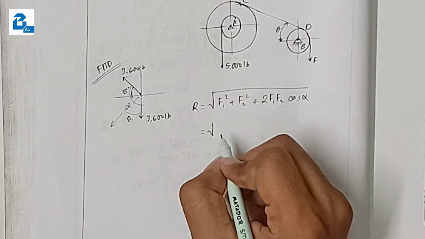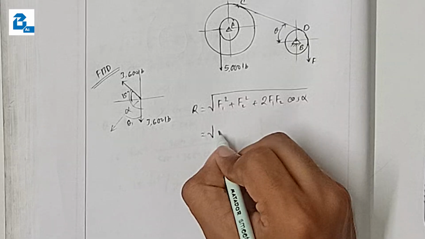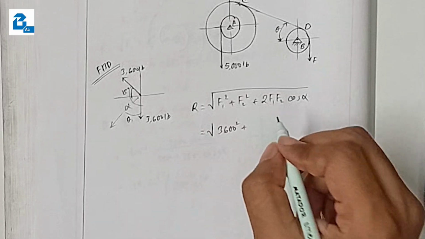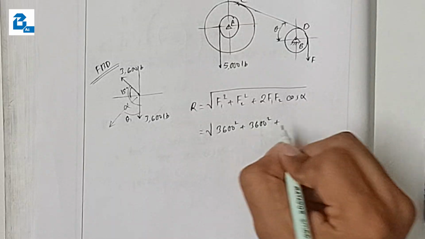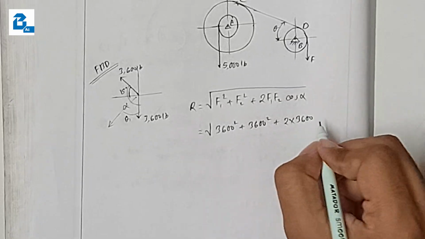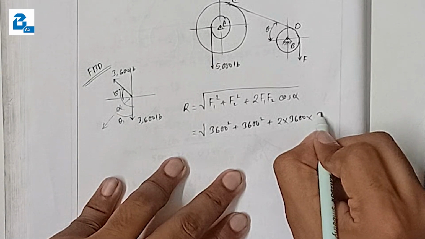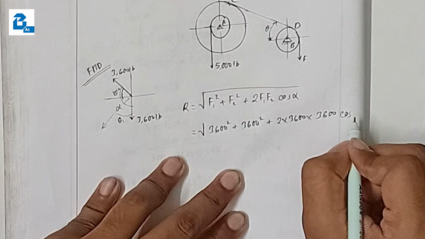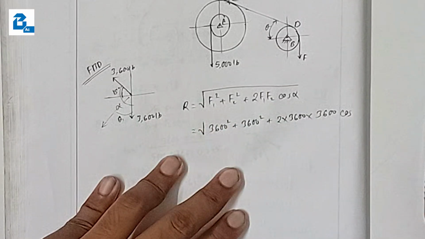Then let's put the values here. For the F1, we can assume it as the vertical one, so it would be 3600 square plus the other one is also 3600 square plus 2 into 3600 into 3600 cos, it would be 15 and 90, so it would be 105 degree.